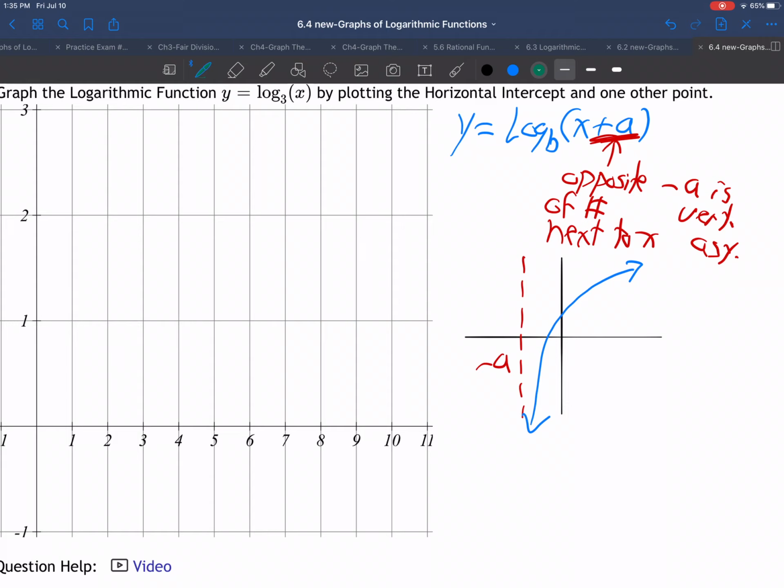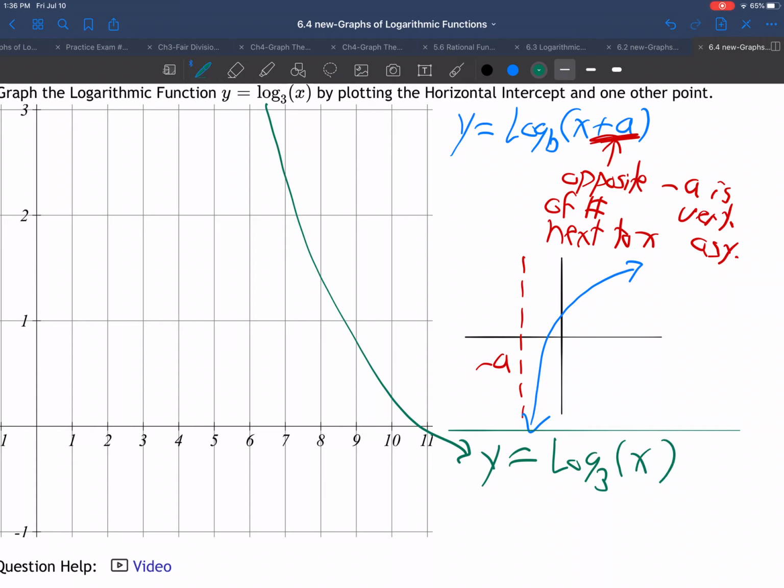So we specifically have, come down here, y equals log base 3 of x. So notice we don't have any number inside the parentheses with x, which means we really have plus 0, don't we? Do you see why that is?